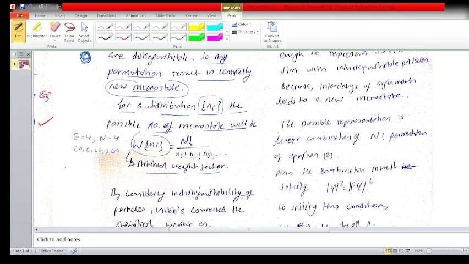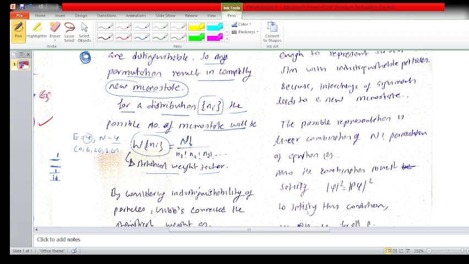You can arrange the particles, for example, with one particle at the 3E energy level, one particle at the E energy level, and 2 particles at the zero level.